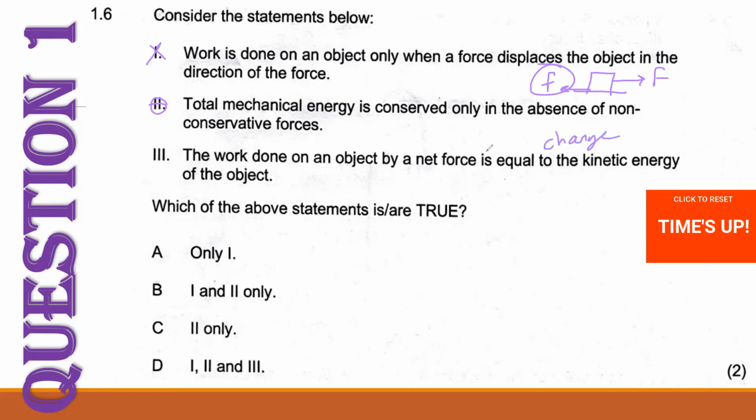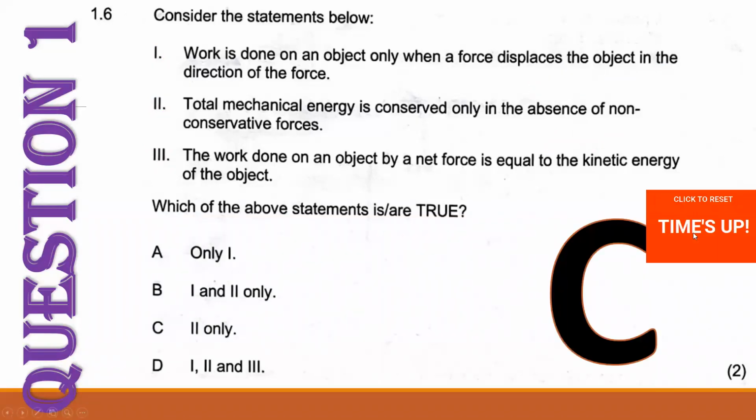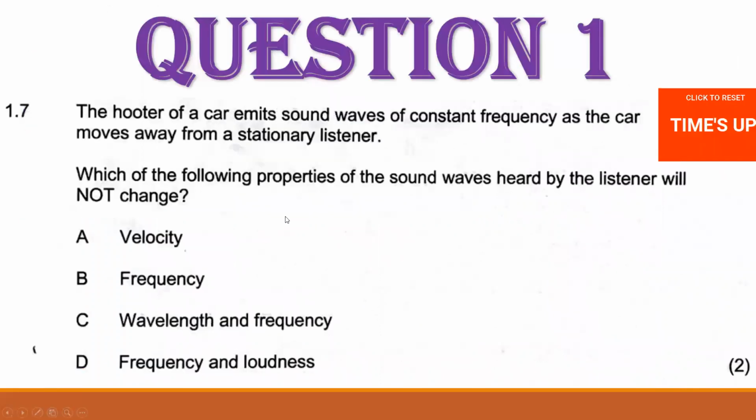This is the work energy theorem. Too many times they're asking this question. The work energy theorem is something like this, but we should say change in kinetic energy. Because of that, this option is also not correct. Our answer is only 2. Option C is the correct answer. So let's continue with the next question.